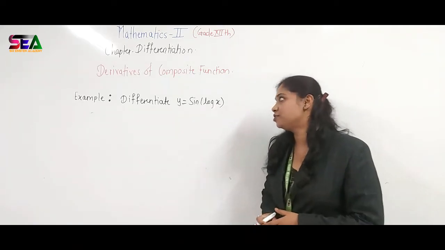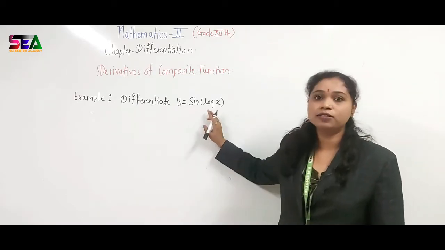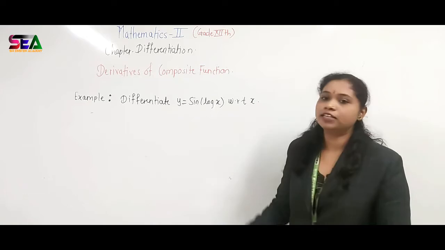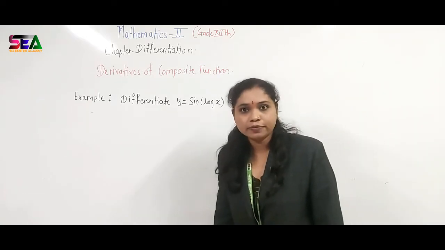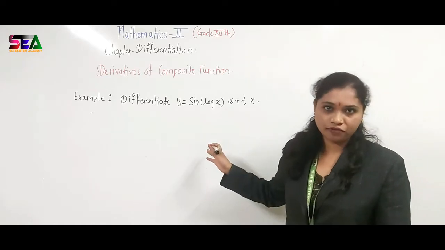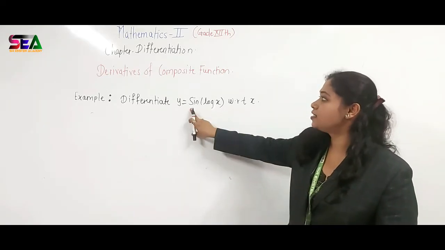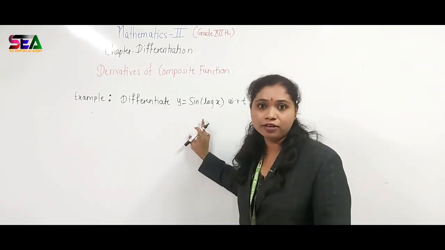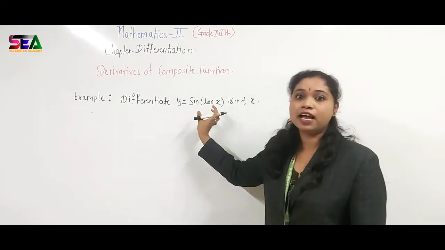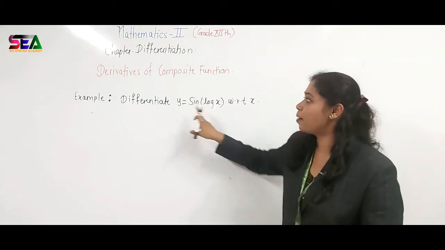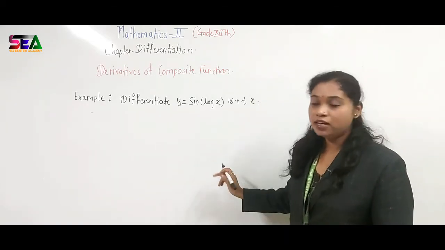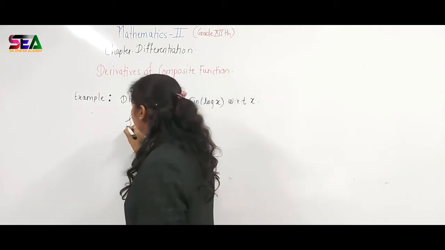My question is: differentiate y equals sin of log x with respect to x. Now the question arises, where is the composite function? See students, sin and log are two different functions of x and they are mixed with each other, hence they form the composite function appearing as y. For solving this, first I have to assume u.